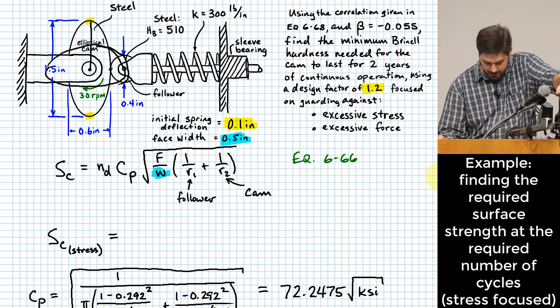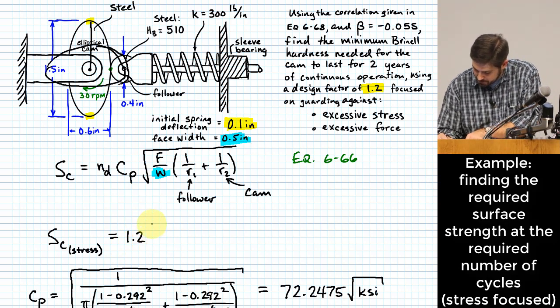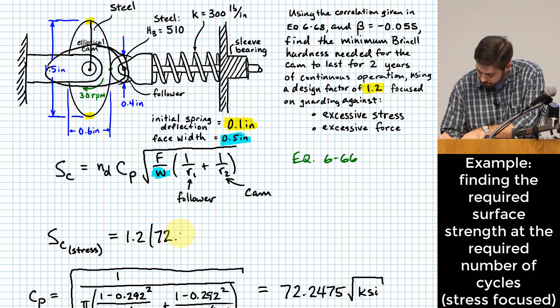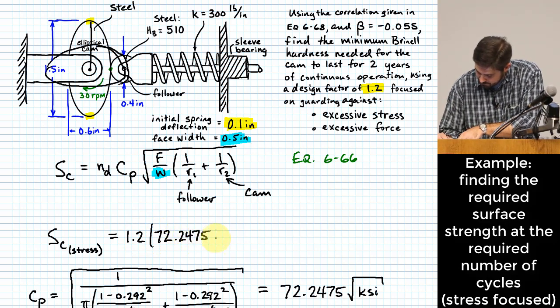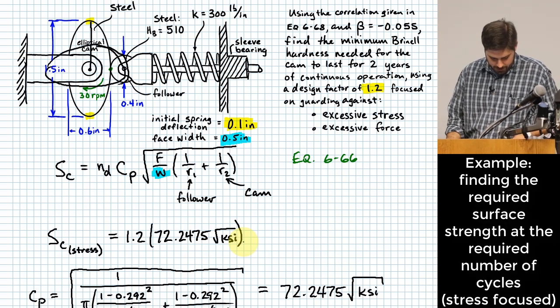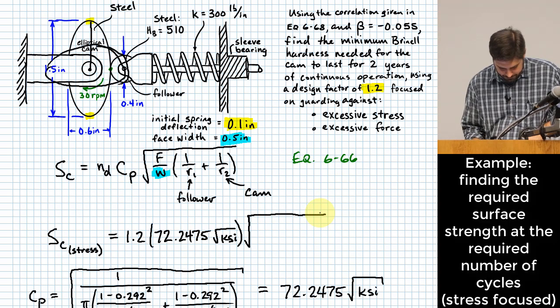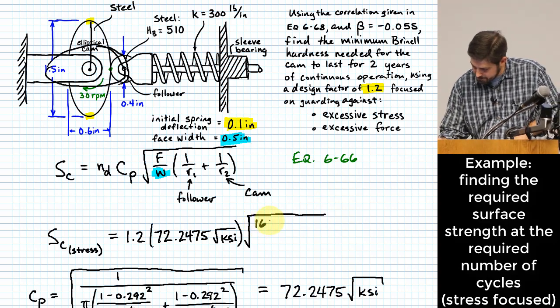So we'll take 1.2 times 72.2475 square root of KSI, multiplied by the square root of 165 pounds over the face width of 0.5 inches.